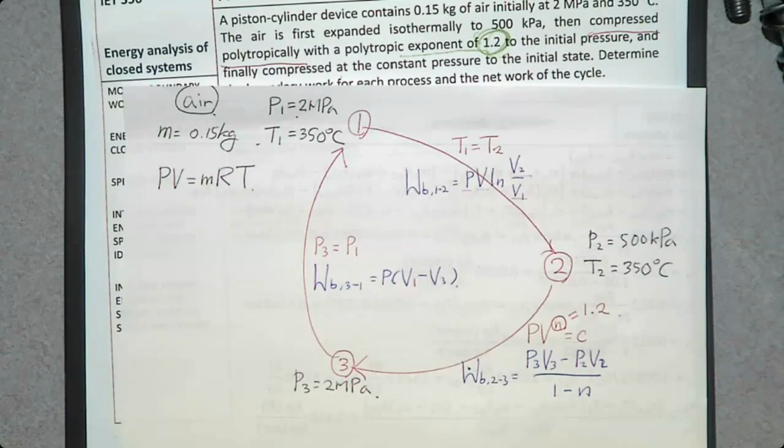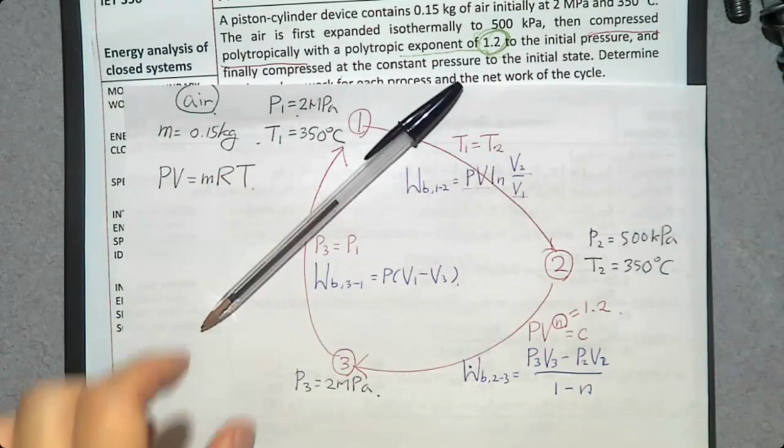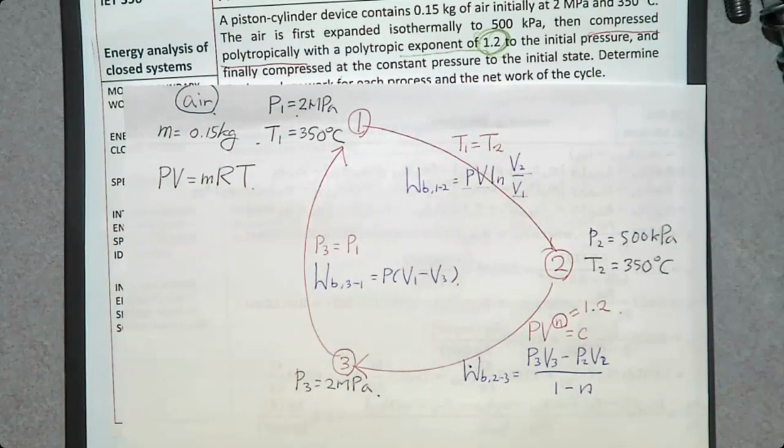Because when you evaluate a property, you cannot evaluate a property over a process. You can evaluate a property at a state, okay? So we can use PV equals mRT at the initial state.